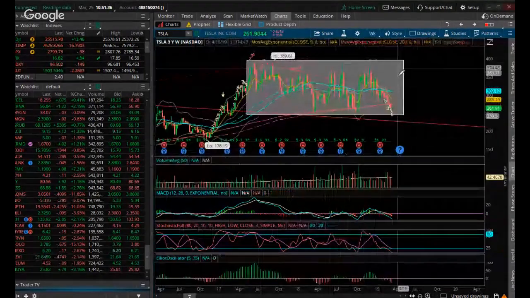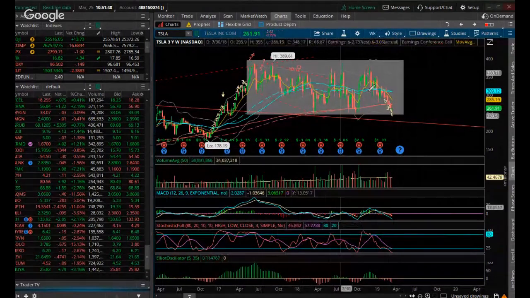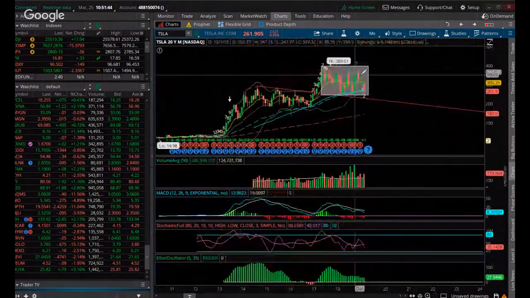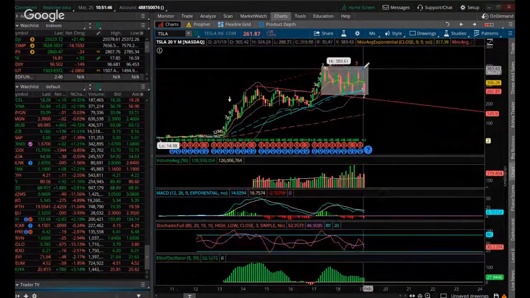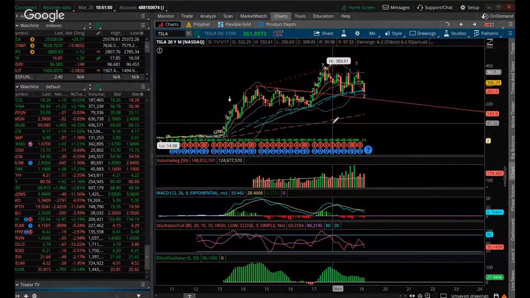There's a lot of bears out there right now on the stock. Now we're looking at the weekly moving average. We'll see how the stock is acting on the weekly basis and also the monthly basis. Normally there are different time frames for different trades.